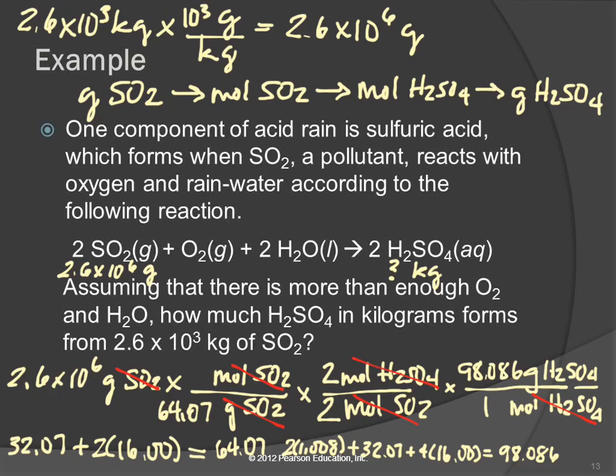And what's the unit on that? Grams of H2SO4. What did the question ask us for? Kilograms. So we need to convert this to kilograms. I need to move the decimal point over 3 places.